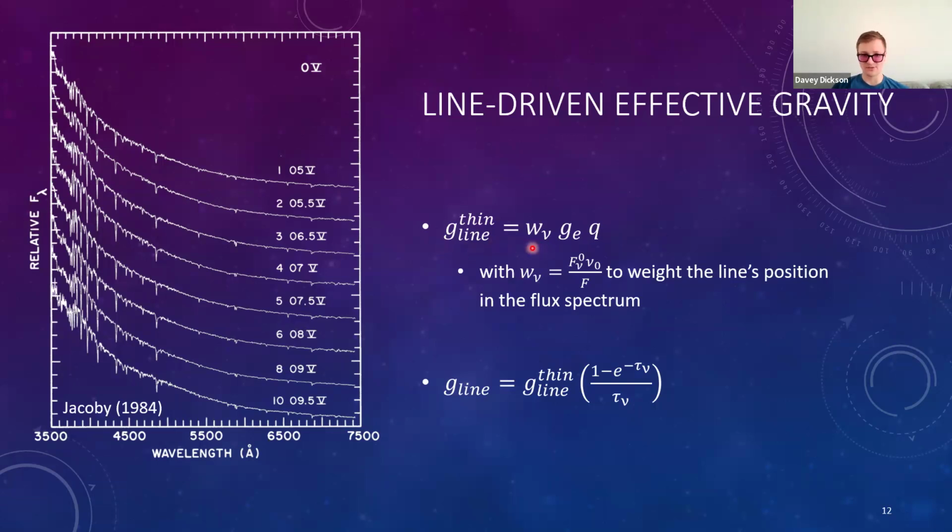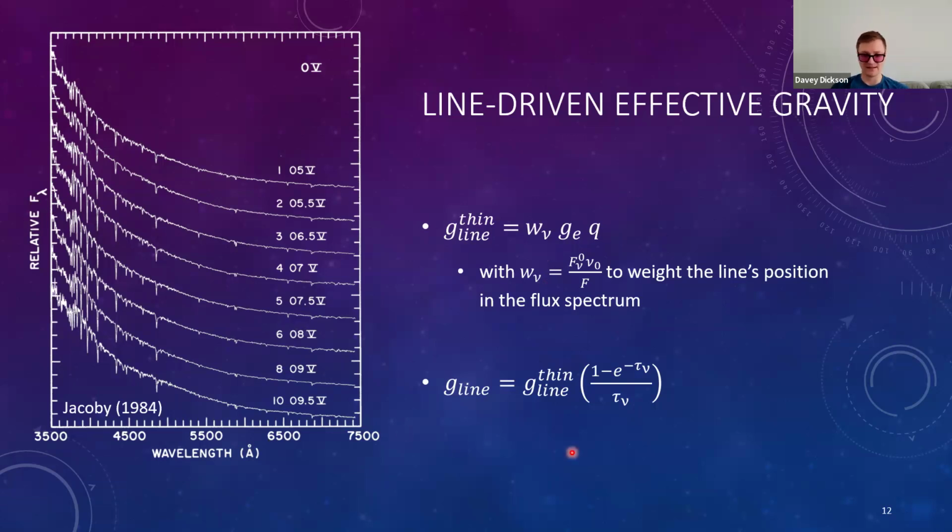There's one last component that we need to contribute here, which is the weighting by its position in the flux spectrum. That is to say, the areas of the wavelength band that have more flux are going to be able to produce more outward force than the areas that have less flux and therefore have less interaction with the outflowing wind.